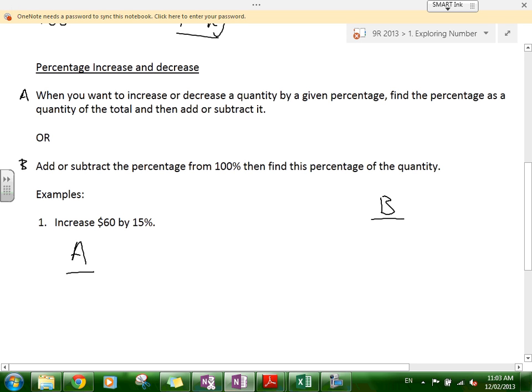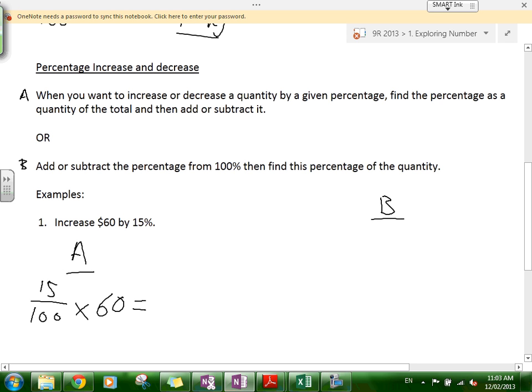Given method A, you find the percentage of the quantity, and then you add or subtract it. So we have to find 15% of $60. I say 15 over 100, multiplied by the quantity, which is 60.